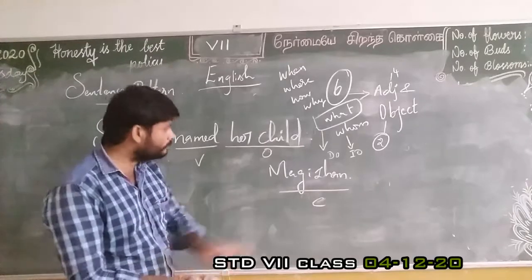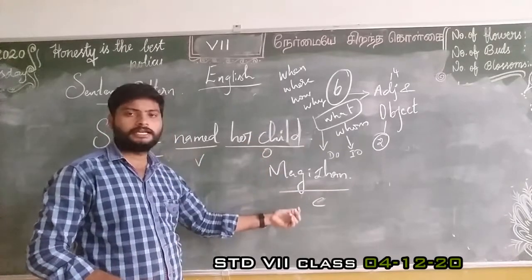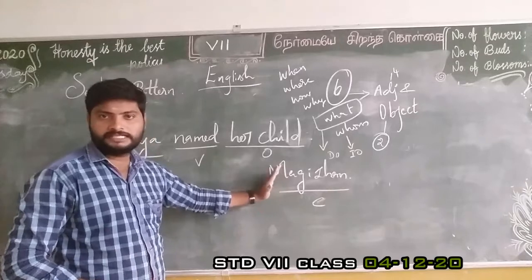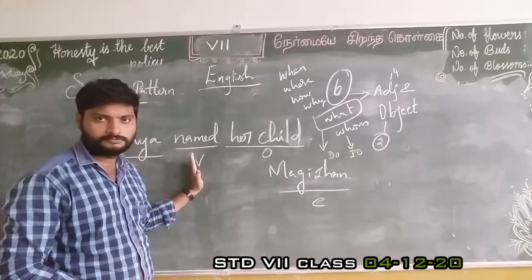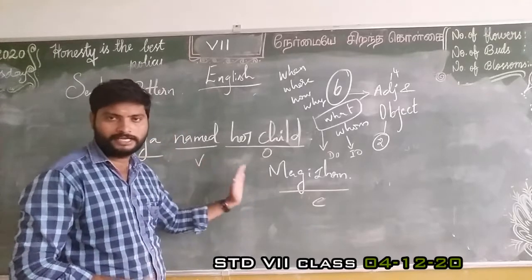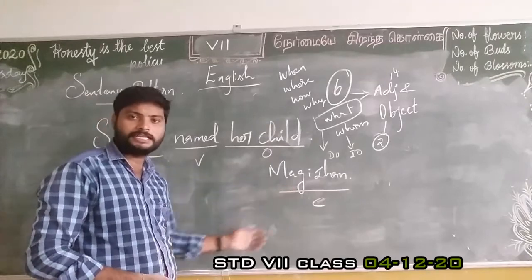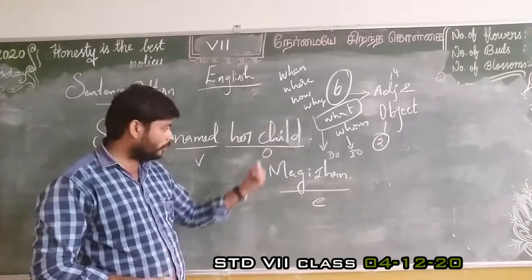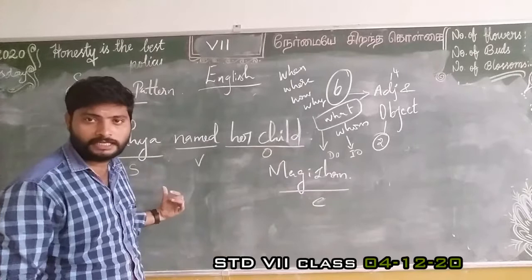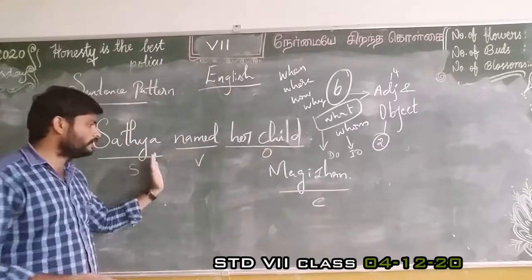You cannot say whom is named a child. What is the name? Magilan. But it cannot be changed into passive subject. That's why we call that the complement part. Object can be the subject in passive form. So here, SVOC.